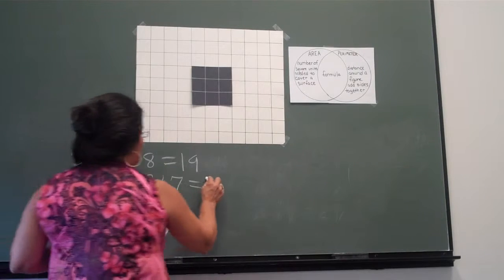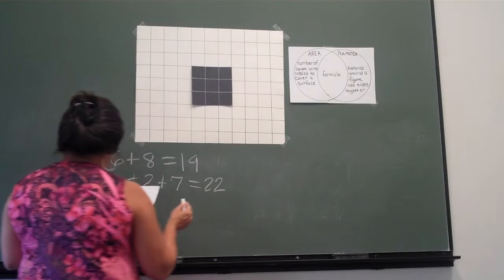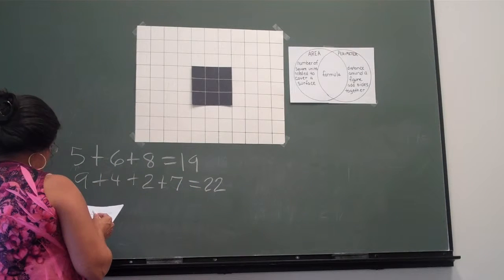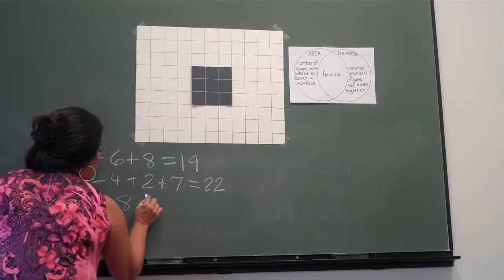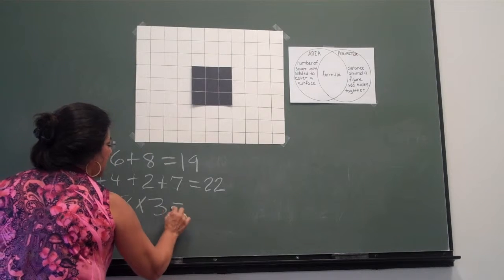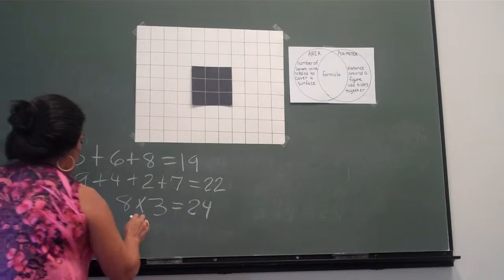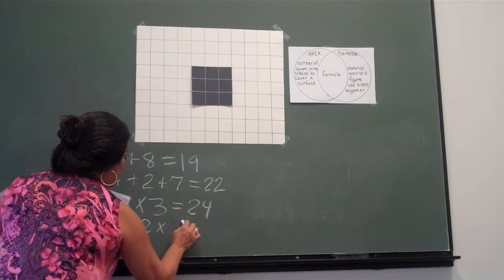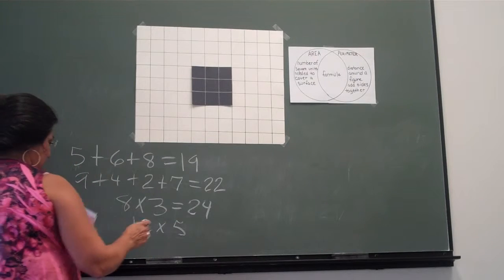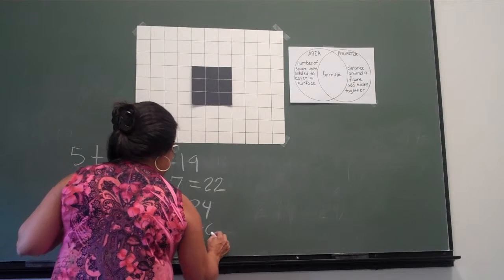Very good, 22. David, could you please give me the product of 8 times 3? Very good, that's 24. And Mary, 12 times 5? Very good, that is 60.